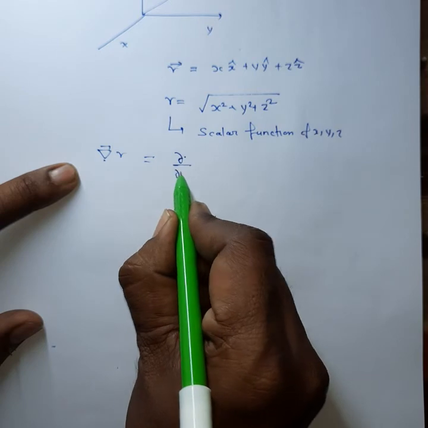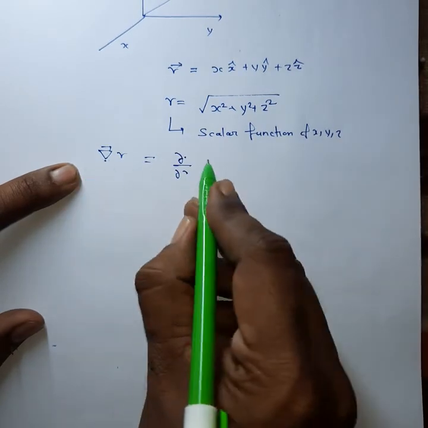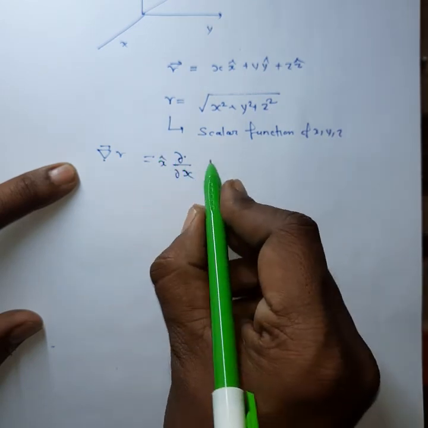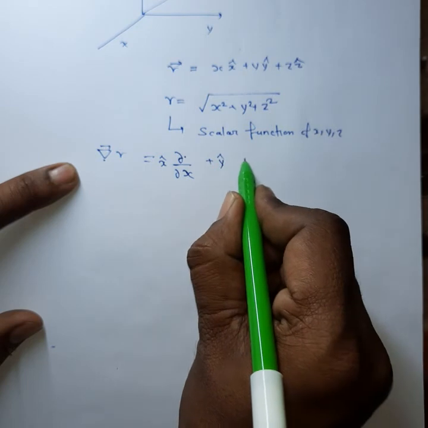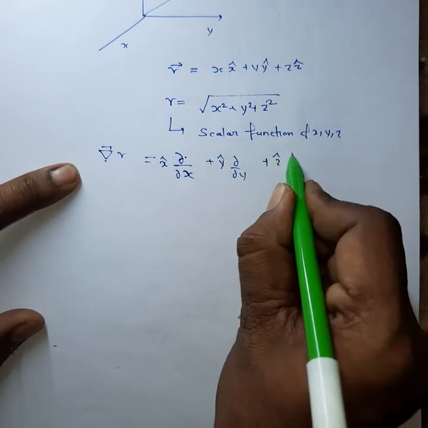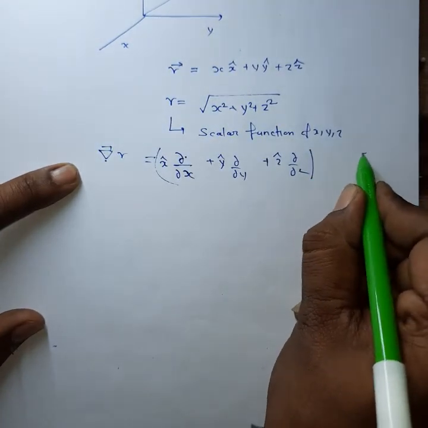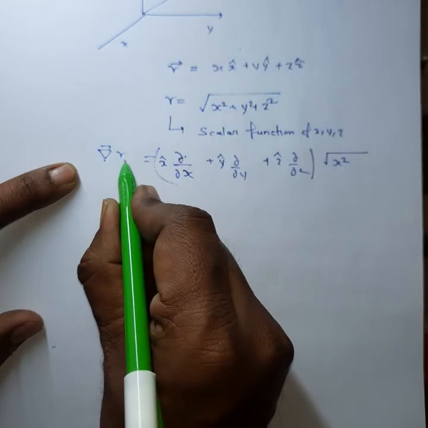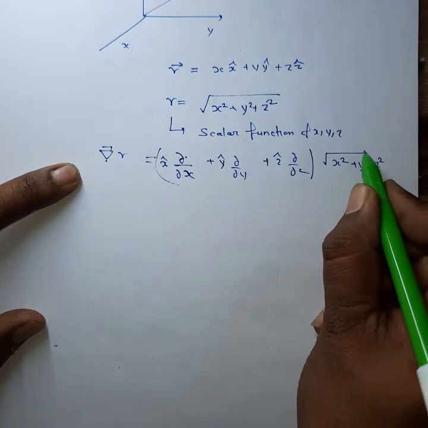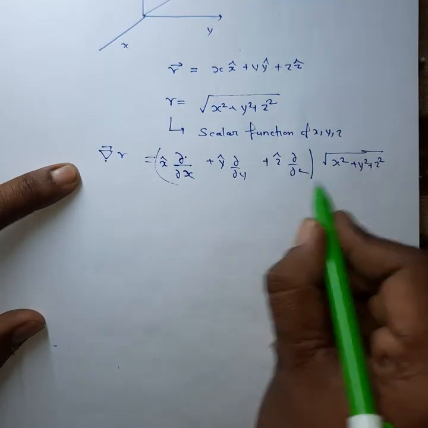Gradient of r is defined as del, so let's write in terms of unit vectors, x cap del by del x plus y cap del by del y plus z cap del by del z. This is your del, and in place of r I have to write the square root of x square plus y square plus z square. So let's operate it on this function.